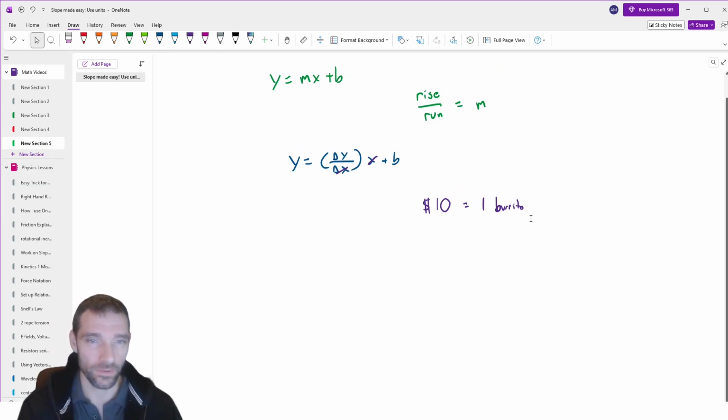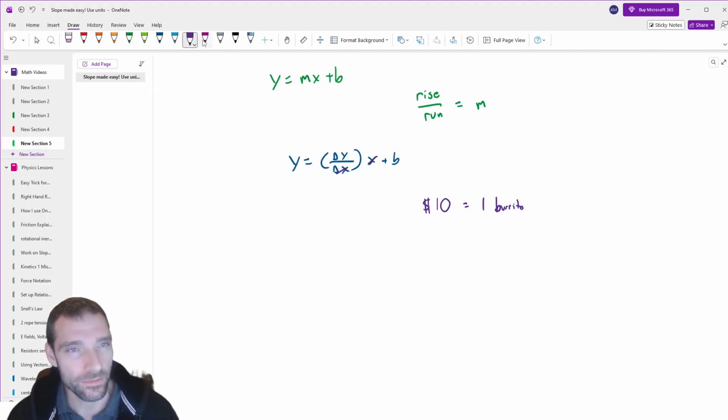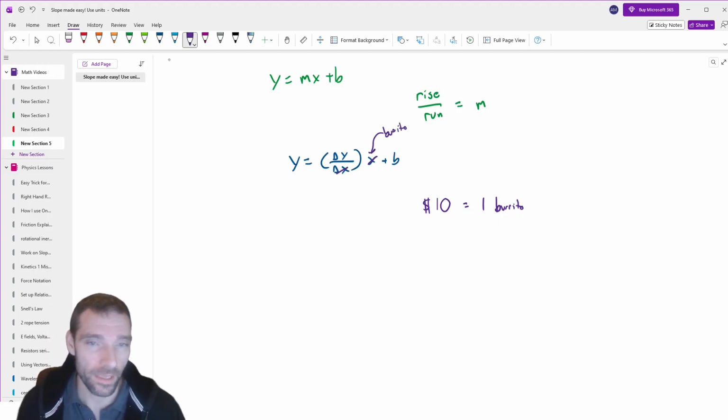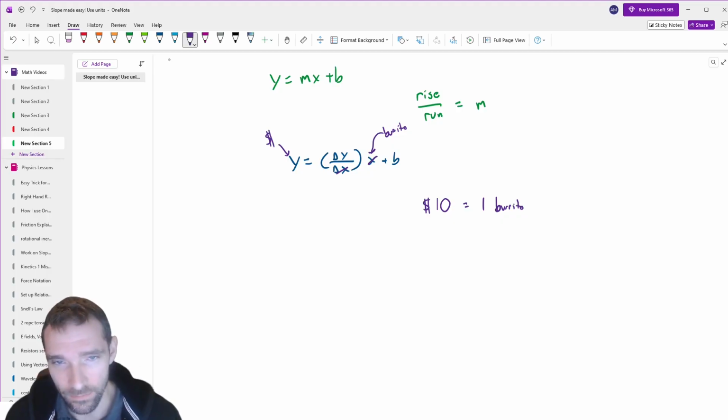If you're trying to go from y to x, it depends on which one you define as x and which one you define as y. But if x is burritos, so if we've got x right here as the unit of burrito, then y could be the cost that you're spending on said burritos.